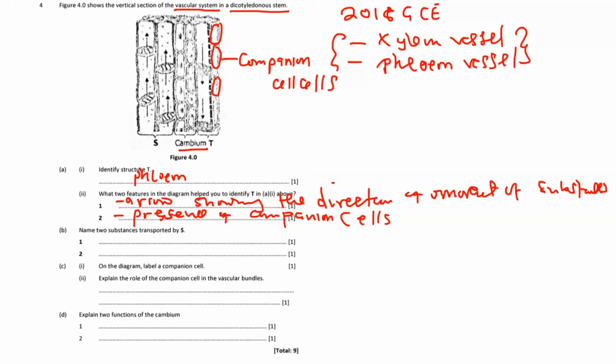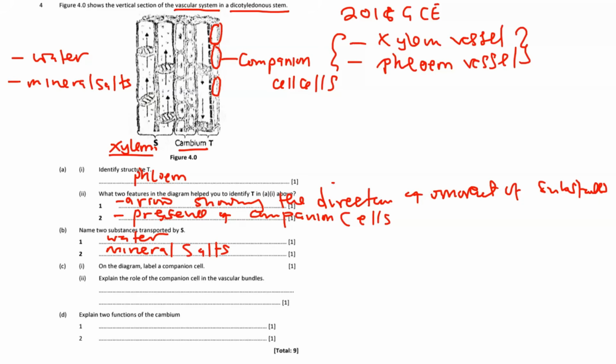Name two substances transported in S. What are the two substances transported in S? S we said is the xylem. Xylem transports water and what? Mineral salts. Very important. So water and mineral salts.